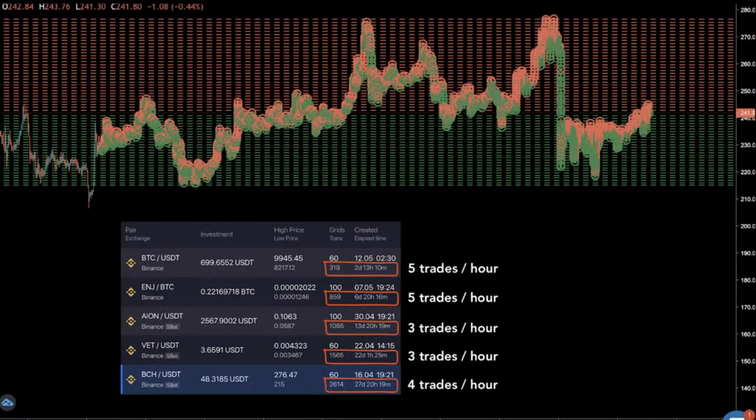Well, high frequency trading is a part of the automated trading algorithm, which is implemented to make the bot execute trades at a very high level of speed.